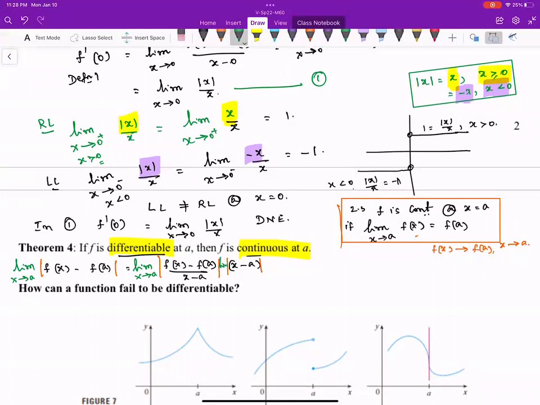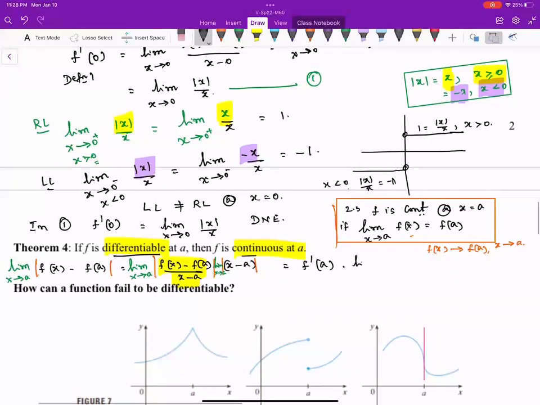So this part, f of x minus f of a over x minus a, limit as x approaches a, is nothing but f prime a, because it says f is differentiable at a. So f prime a exists. That is the first part.